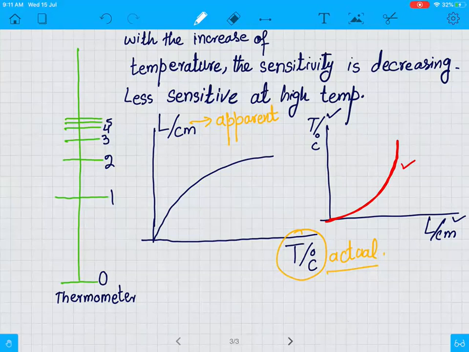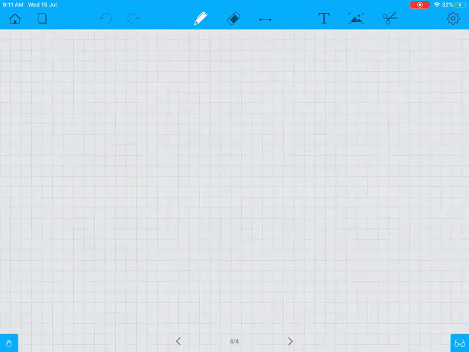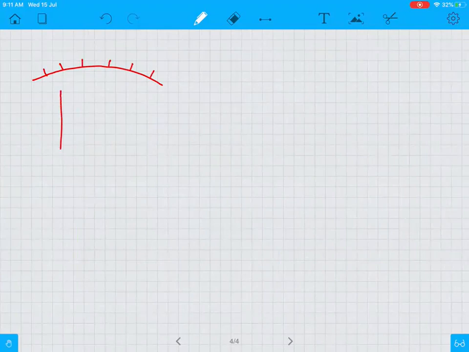Now the summary of all this is that if you get a situation where the divisions are uniform, then the graph would be, let's suppose this is the apparent.